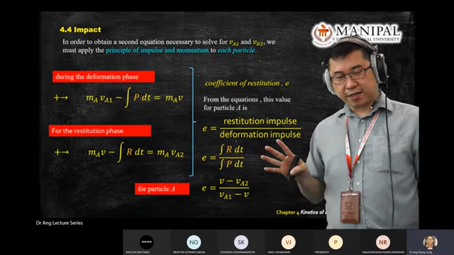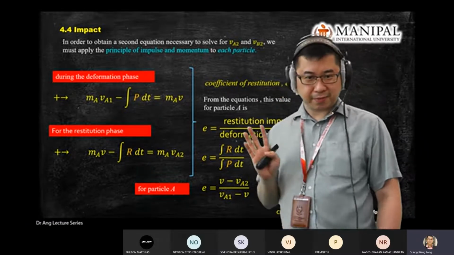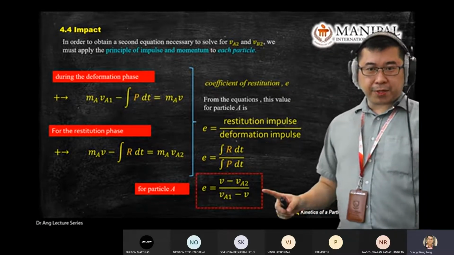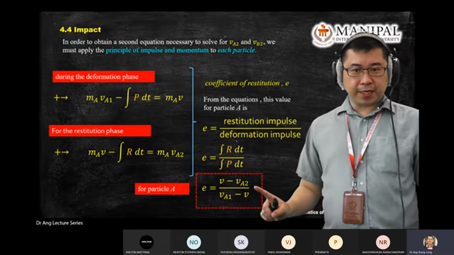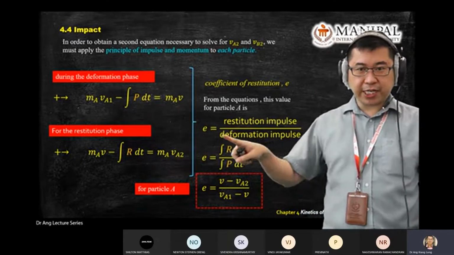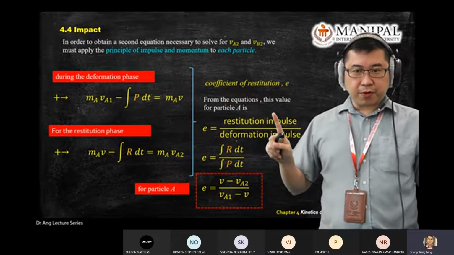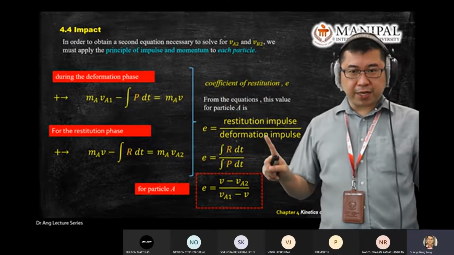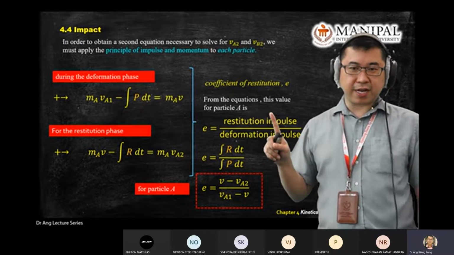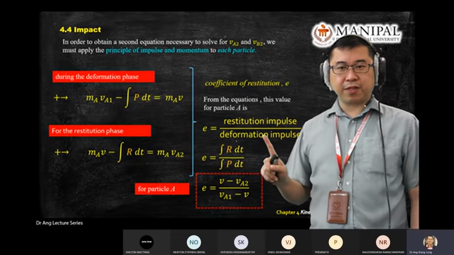Again, this one will come out in the final exam. Important. Again, you derive this using the definition of coefficient of restitution: after divided by before. Not after collision, but after maximum deformation divided by before deformation.